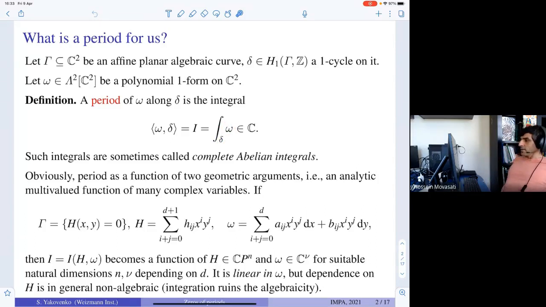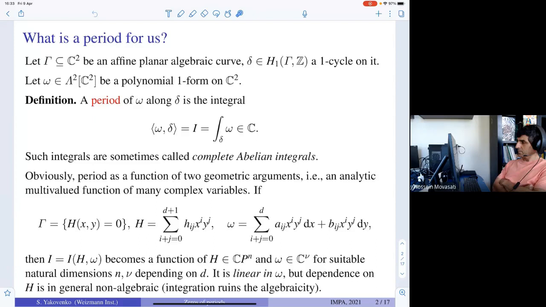And each geometric argument can be parameterized by a couple of, say, complex numbers. For instance, we can always assume that the algebraic curve is defined by a polynomial equation with zero at the right hand side, and the coefficients hij are the coefficients of this polynomial equation.